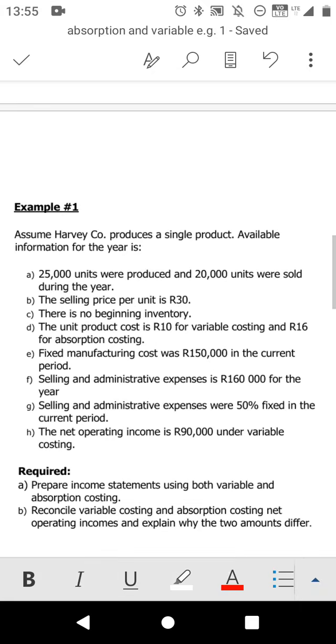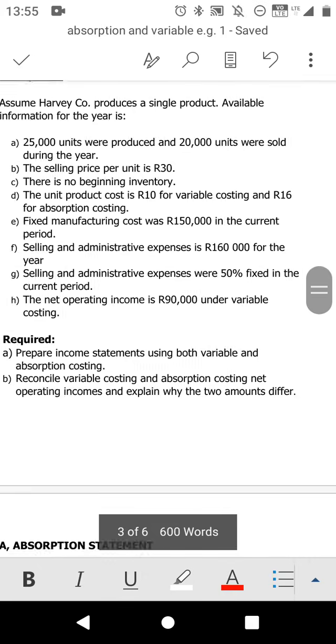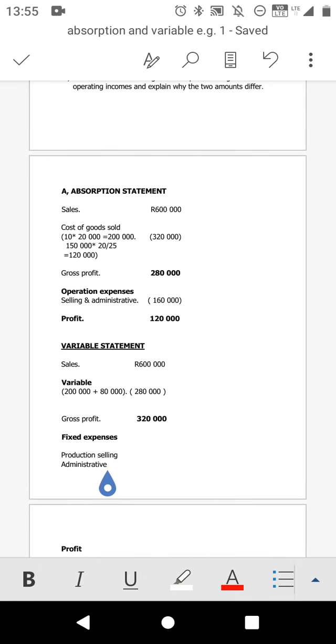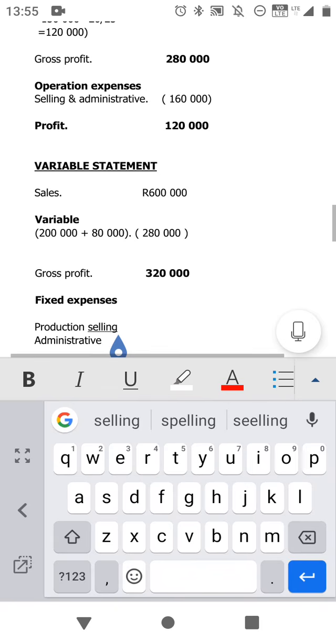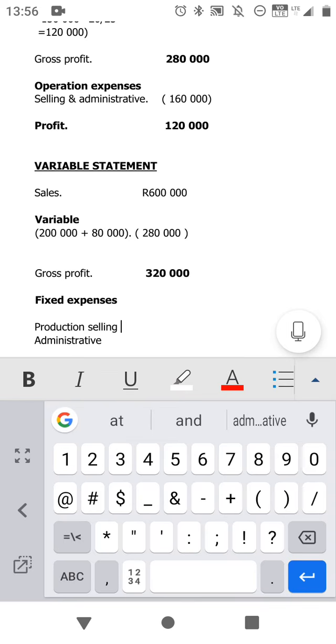As an expense, which means that in item E, the fixed cost that we have of 150 is going to be accounted as an expense under the variable method, as it was not accounted as a cost of sale. Then we're going to have 150,000.